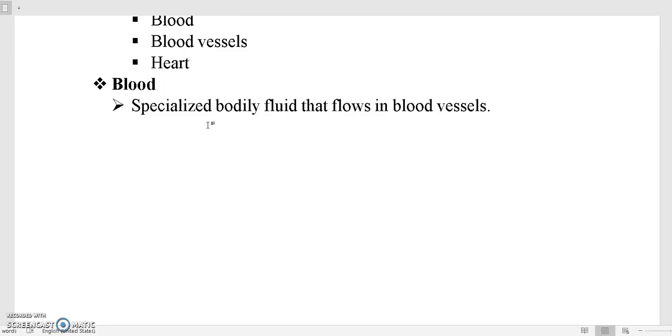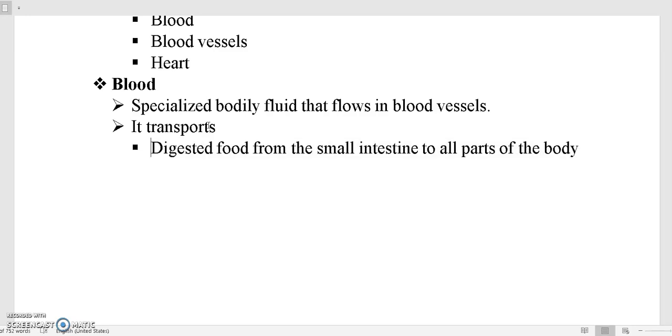Now, this blood which flows in our blood vessels, what does it transport? It transports digested food from the small intestine to all the parts of the body.